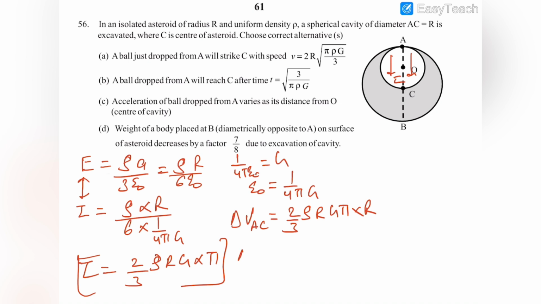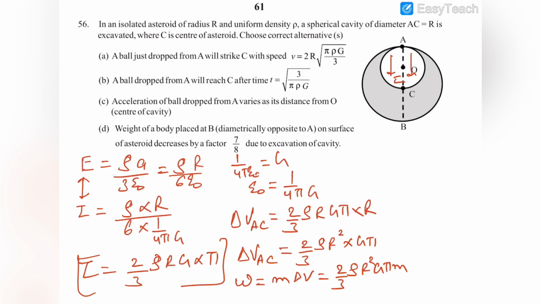This method we can use only when the field is constant, and in this case the field inside the cavity is constant. So it is 2 by 3 rho r squared G pi. This is delta V, and the work done by gravity would be m delta V. So this is 2 by 3 rho r squared G pi into m.